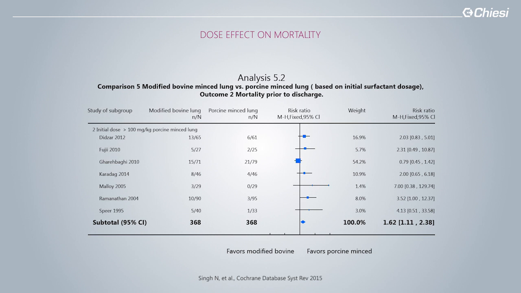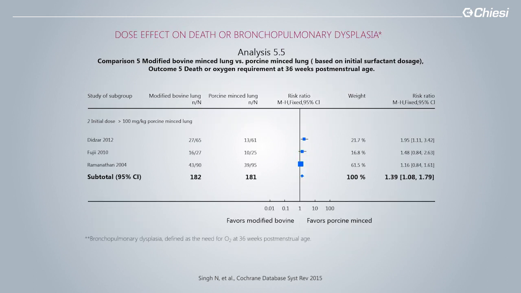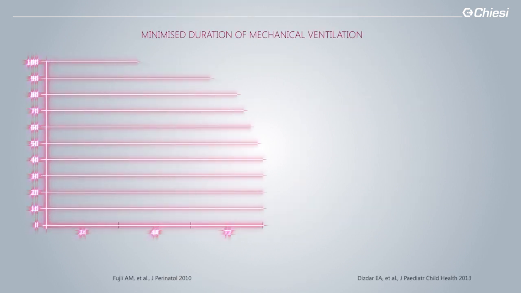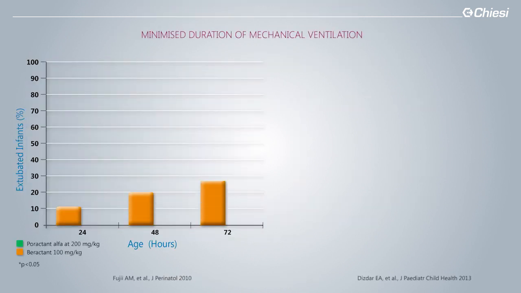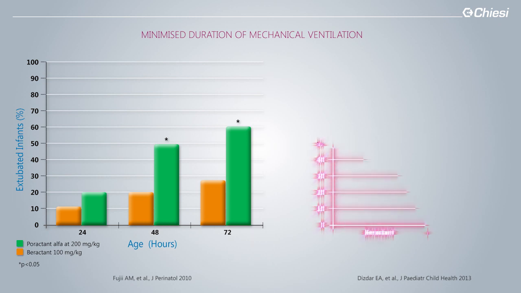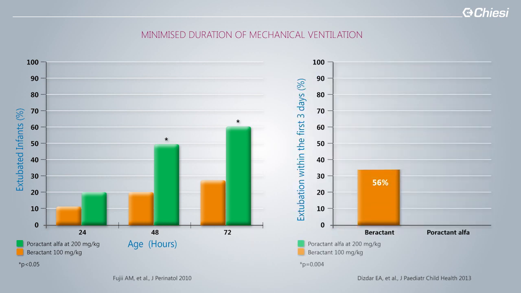In fact, as you can see from this forest plot, as shown in this other plot, modified bovine surfactant also significantly increases the rates of death or oxygen dependence at 36 weeks gestation post-menstrual age.